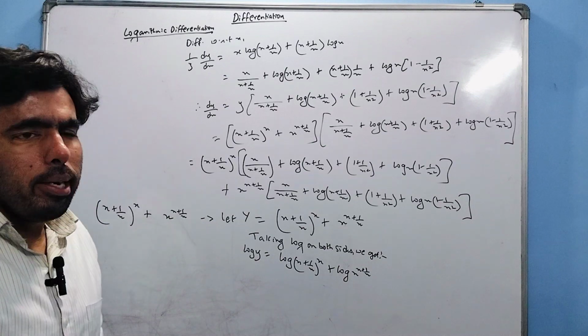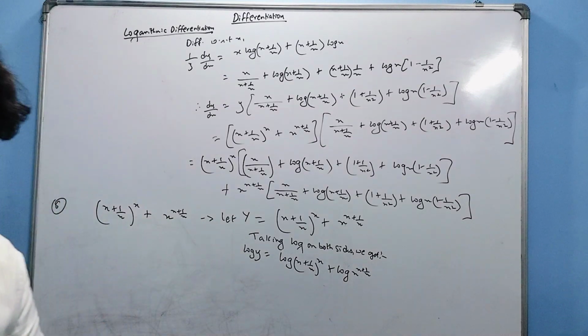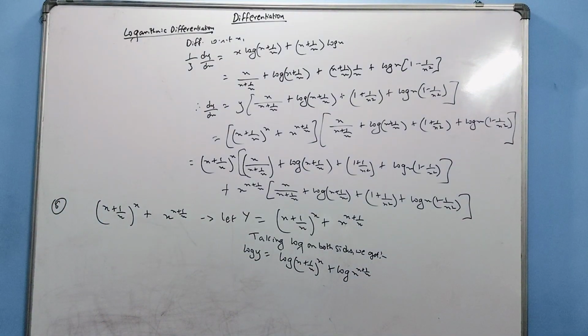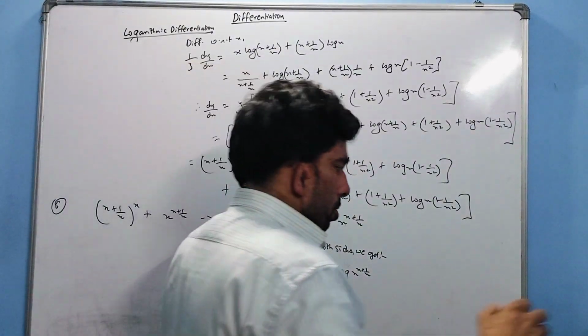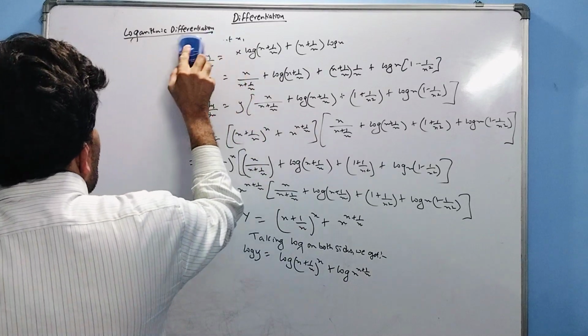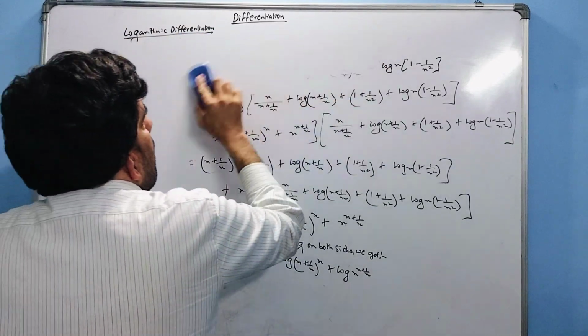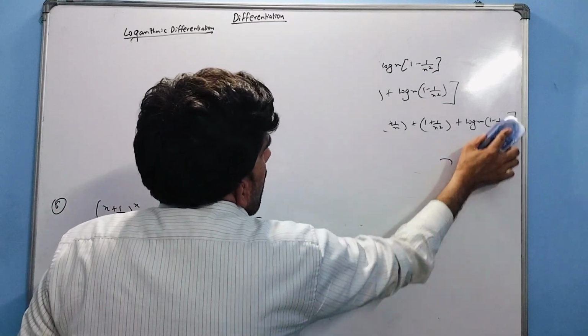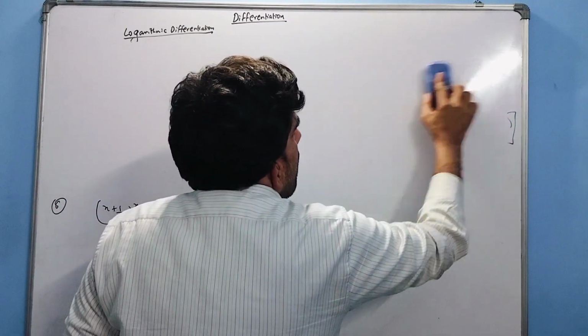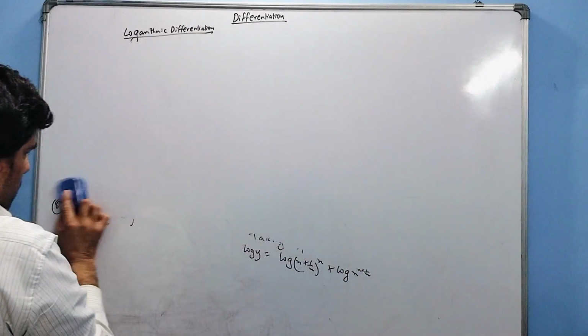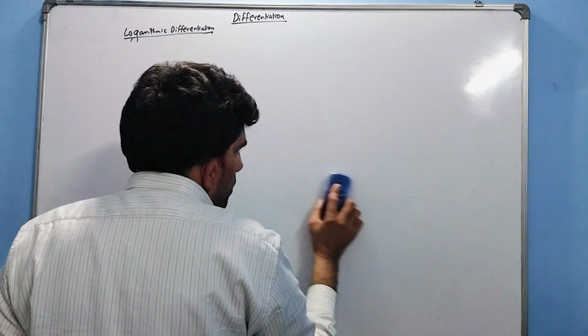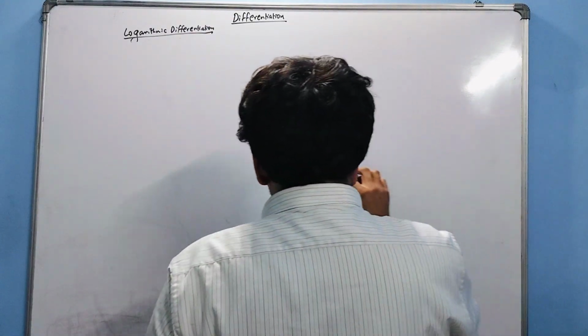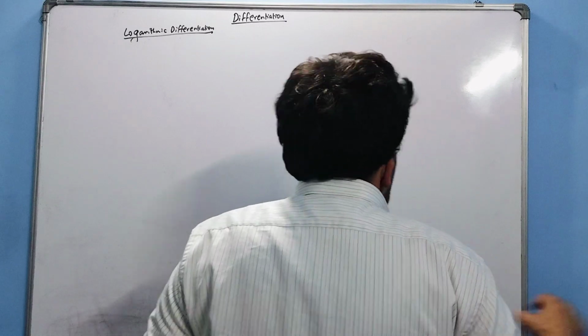Now let's try to solve another numerical. That is the seventh one. We have just solved only 6. Now we'll try to solve the seventh. So what the seventh question is, let us try.